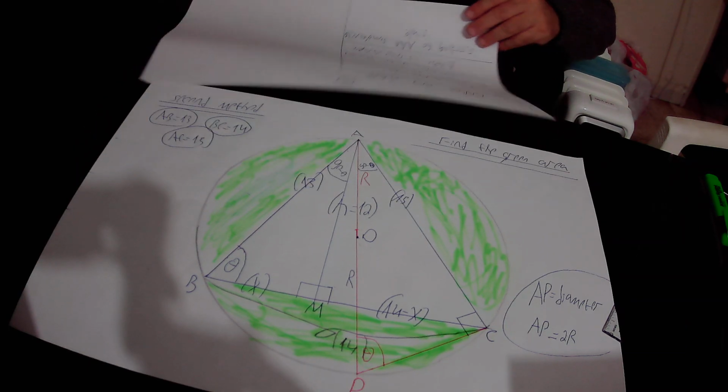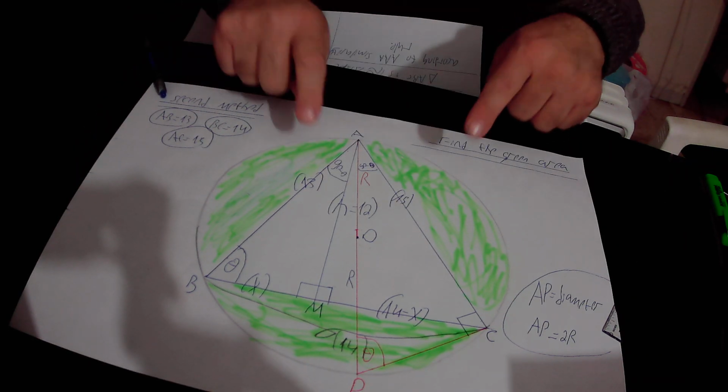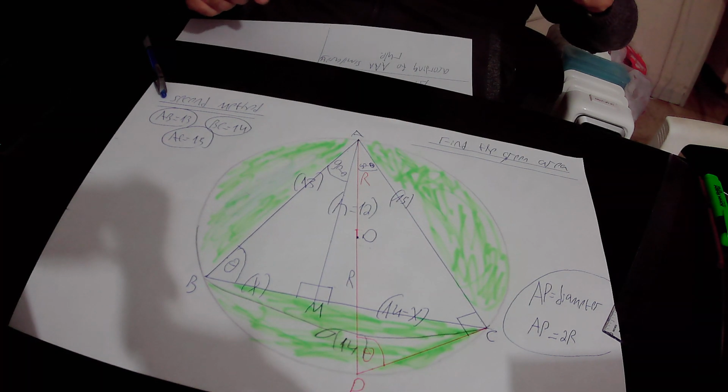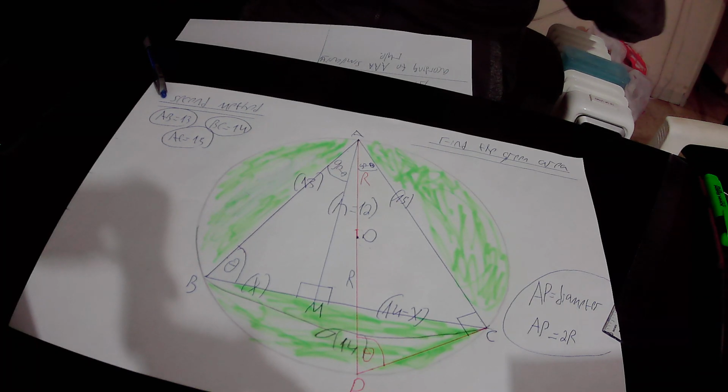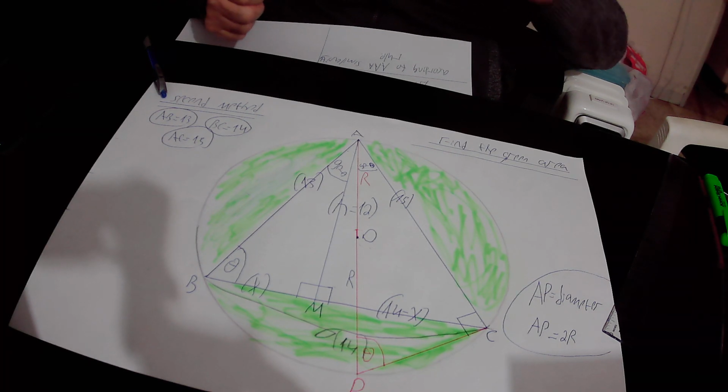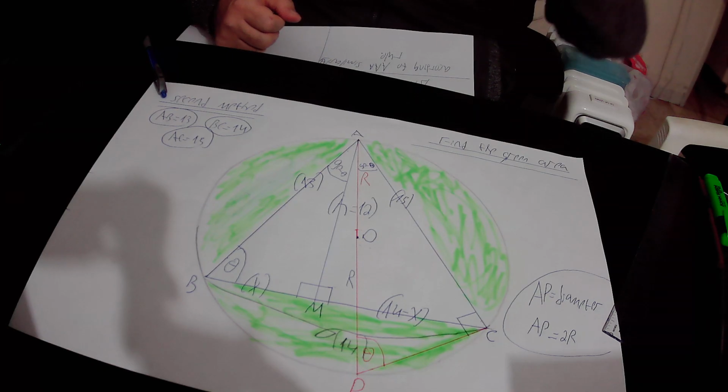Okay, from the fact that those two right triangles are similar to each other, we derive that the following relationship exists between their sides.